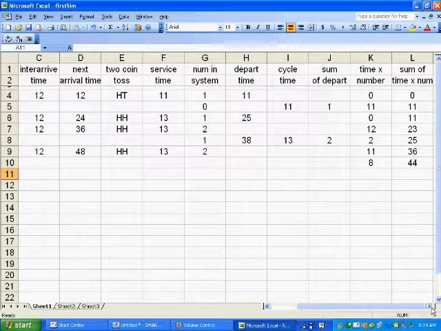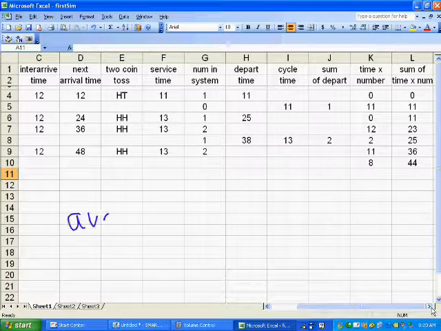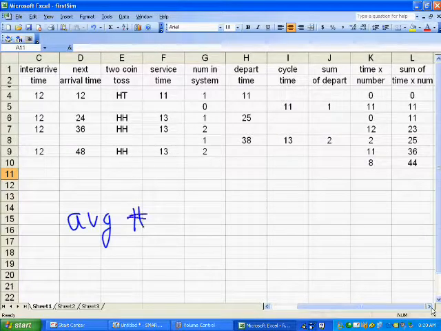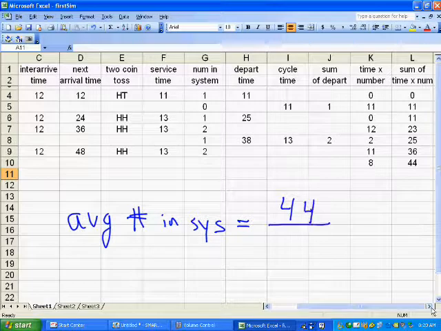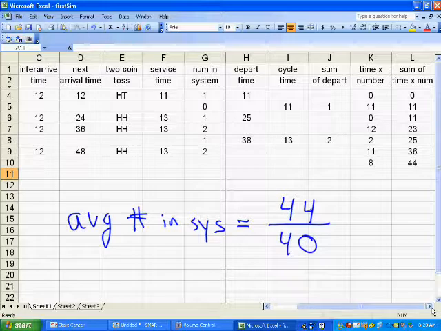Okay, so if we wanted to get the average number in the system, our estimate for the average number in system is equal to the total area divided by the total time, slightly more than 1.